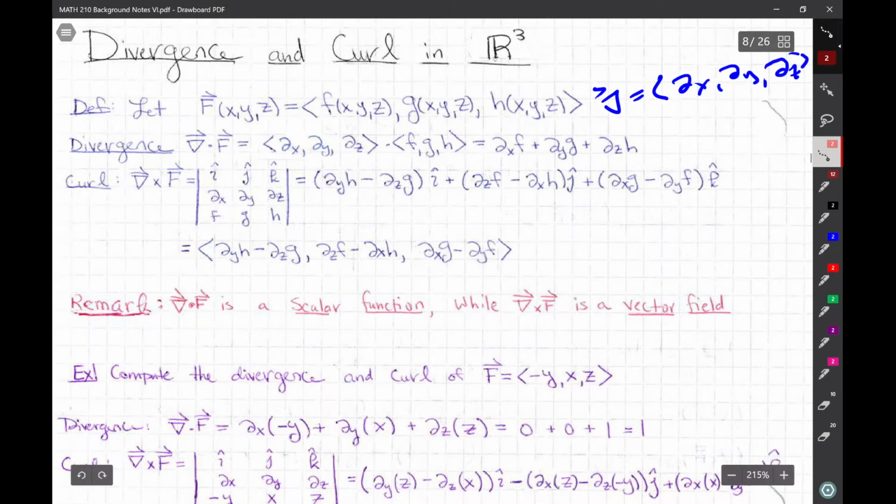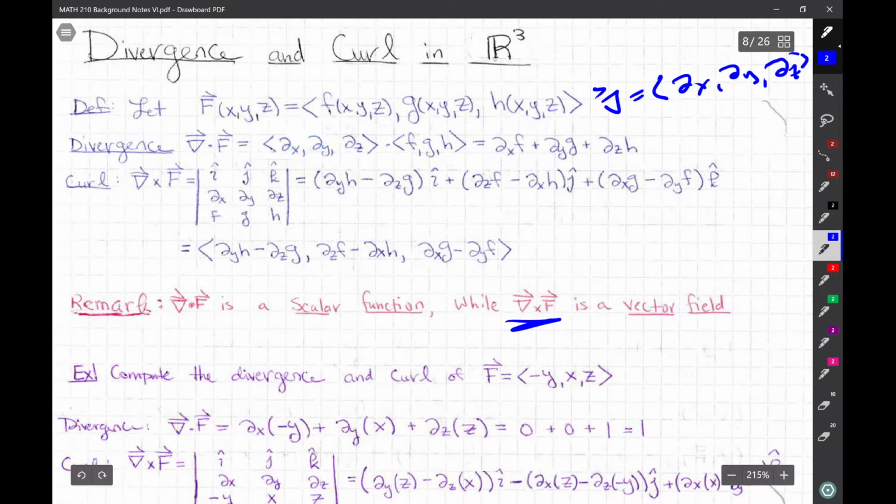The curl is defined this way, okay? You have now i, j, and k there, and you're taking the cross product between this del operator and the vector field F, and you end up with this expression. And I make an important remark here.